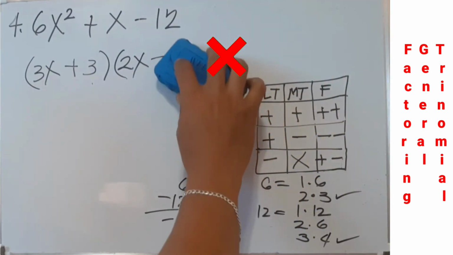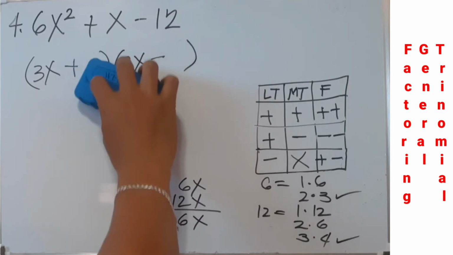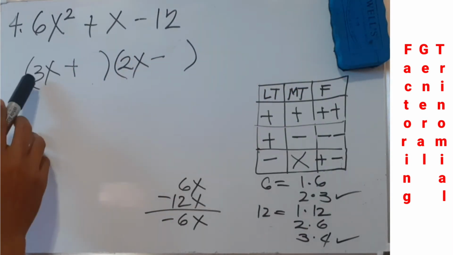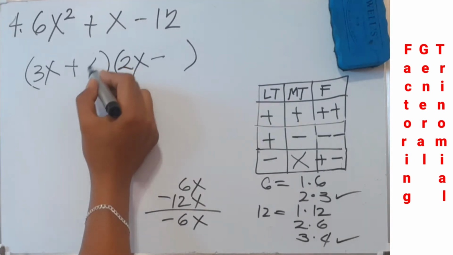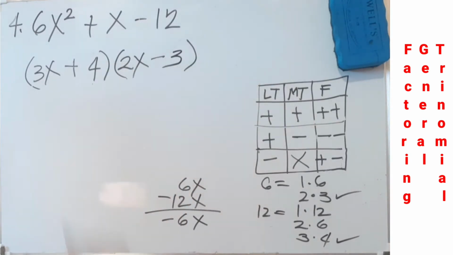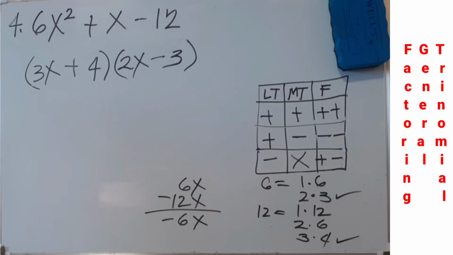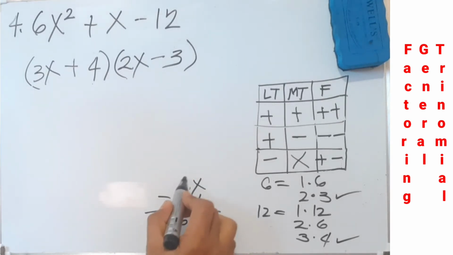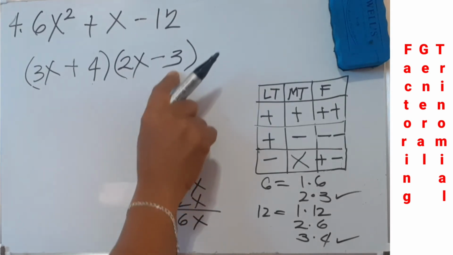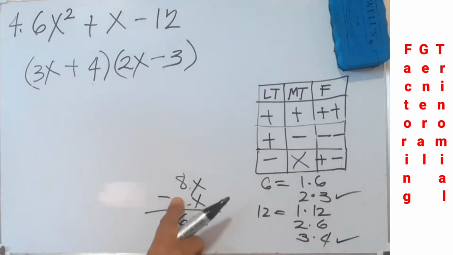So we can interchange 4 and 3 just because the first terms 3x and 2x are not equal. If they are the same, like 3x and 3x, do not interchange, it's useless. So this will become 4 and 3. Let us check. 4 times 2x equals 8x. 3x times negative 3 is negative 9x.